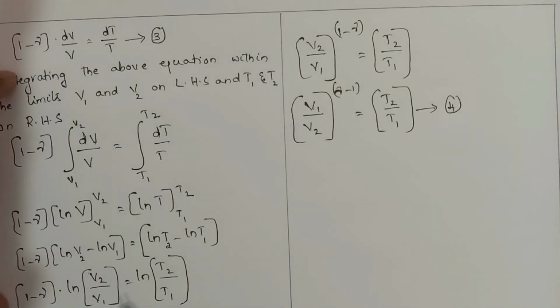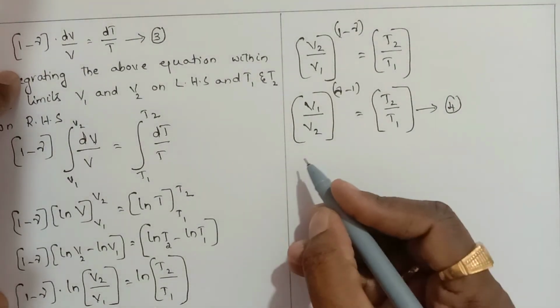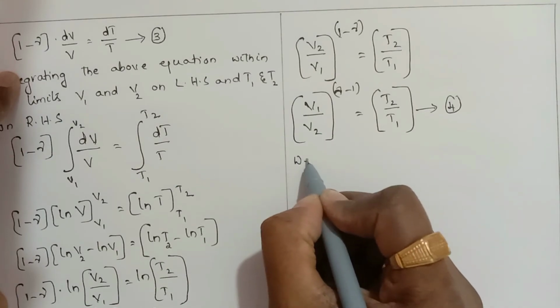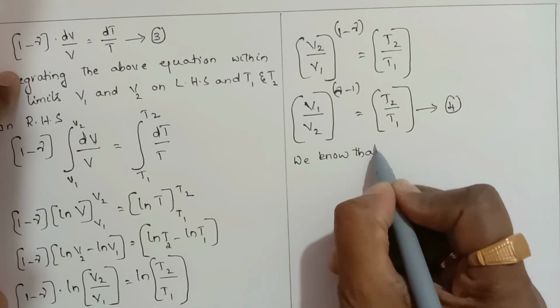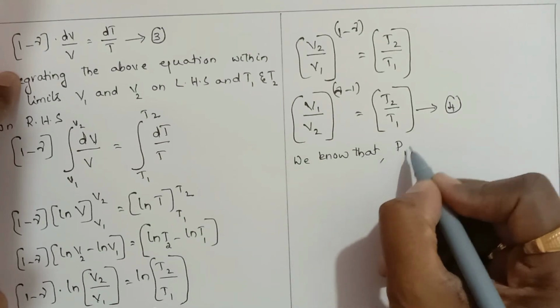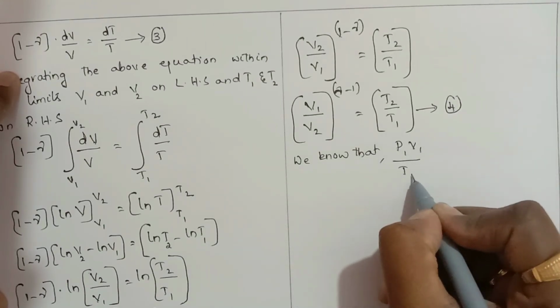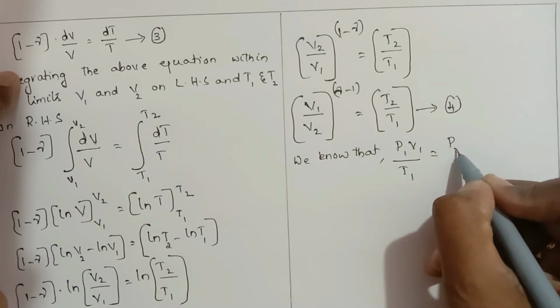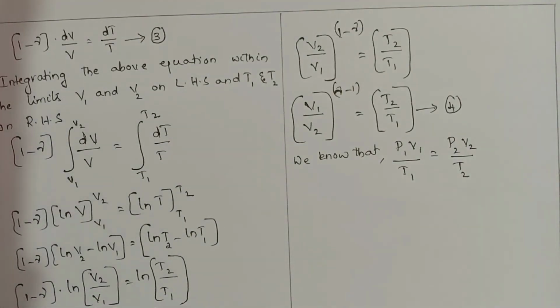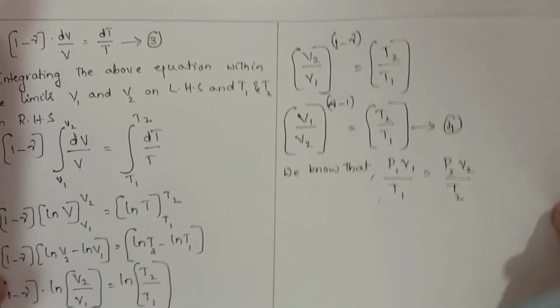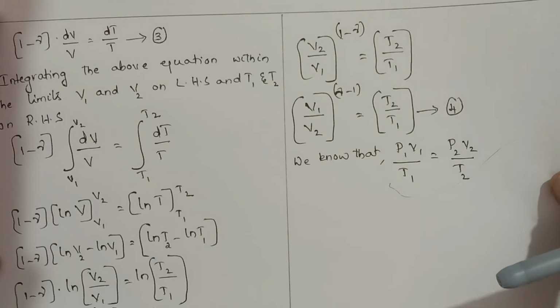Below, write down, students. We know that P1 V1 by T1 is equal to P2 V2 by T2. This you have studied in your intermediate.